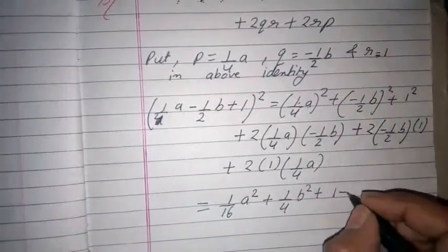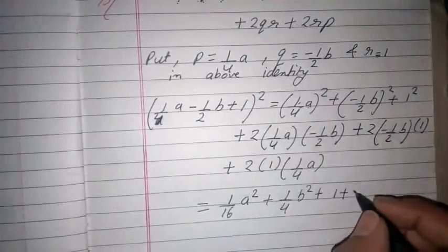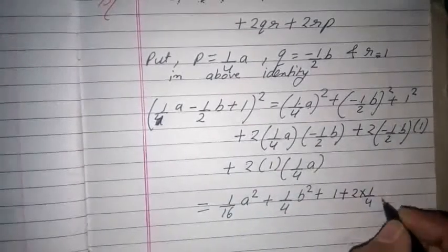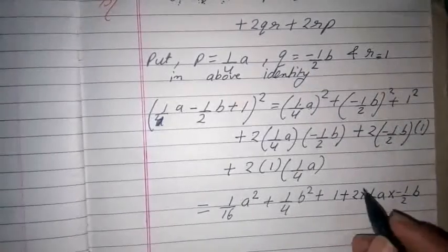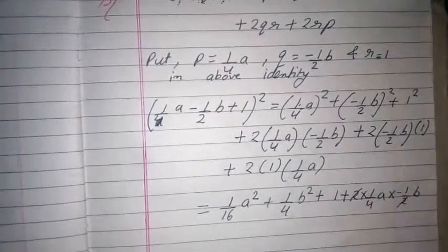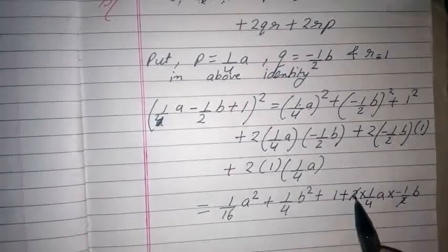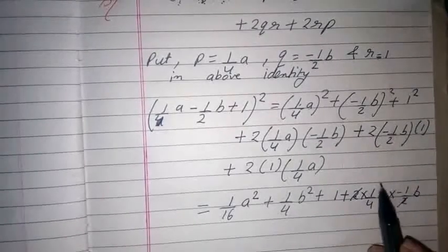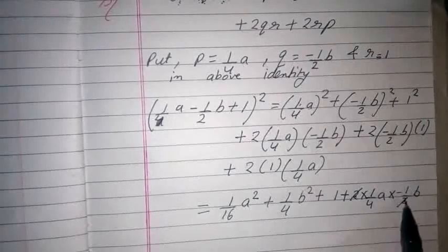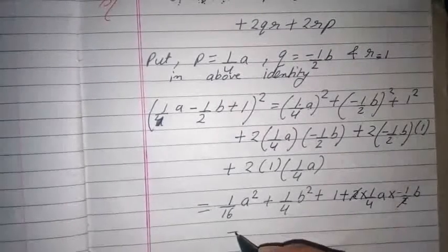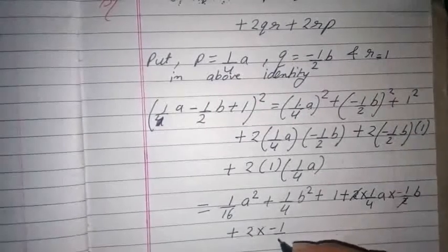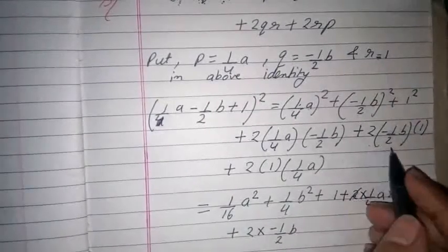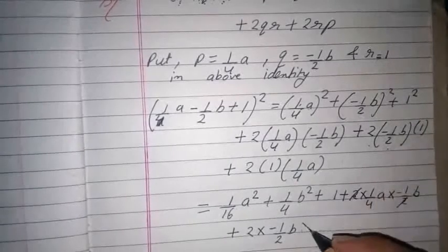Okay, let's check it. Let's solve it. 2 into 1 upon 4a into minus 1 upon 2b. So we can cancel this 2 by 2 because there is a 2 in the numerator and a 2 in the denominator, and all the terms are in product form, so we can cancel them. Same, we'll open the other brackets also. 2 into minus 1 upon 2b into 1.